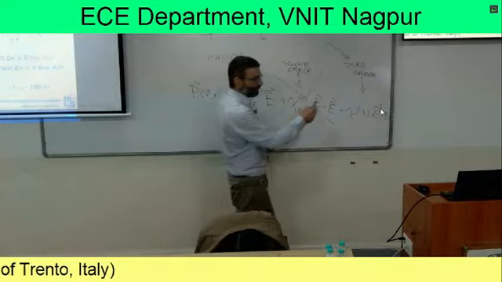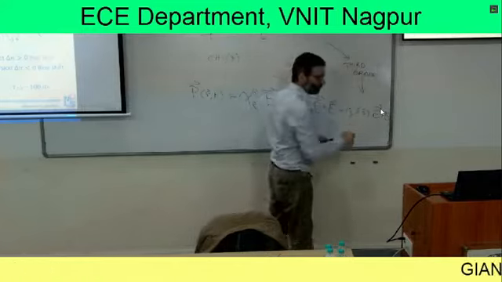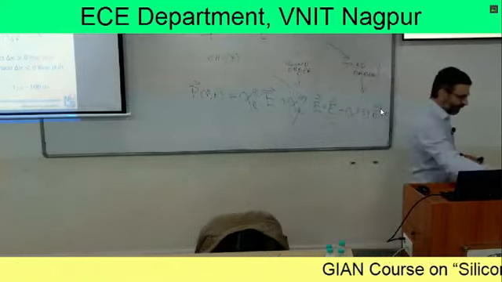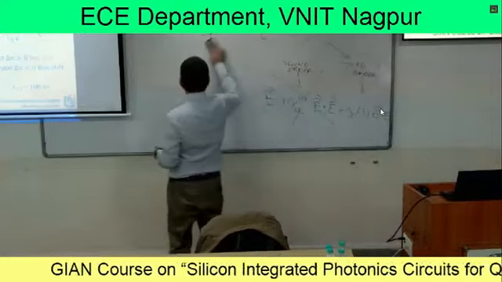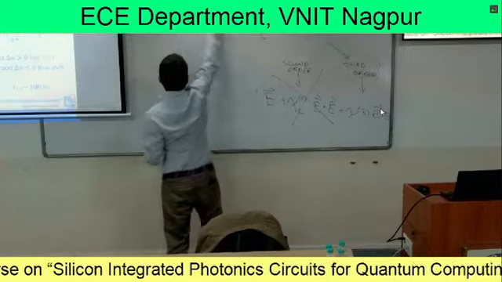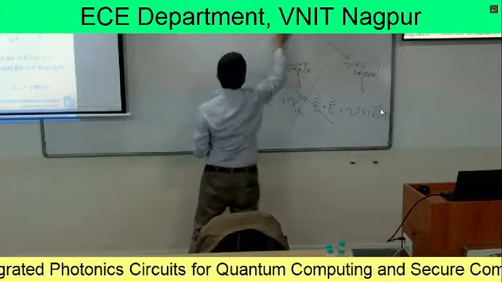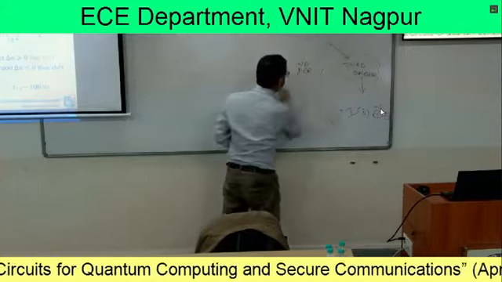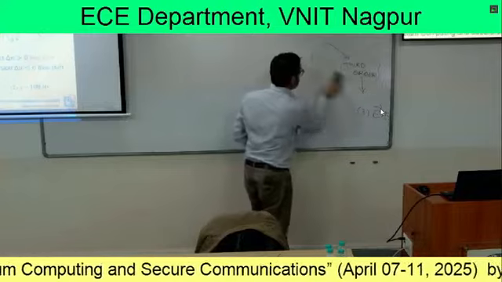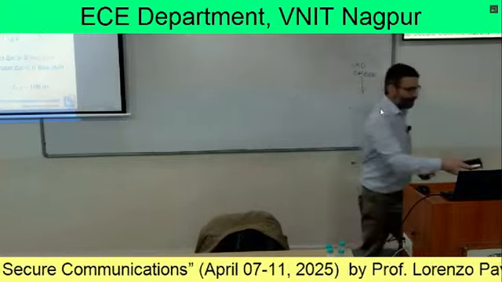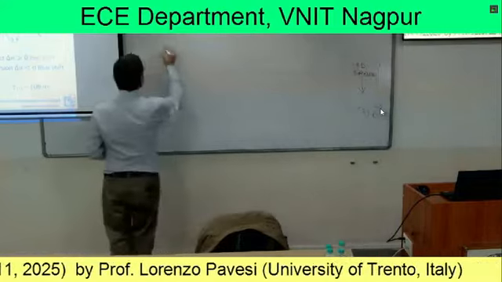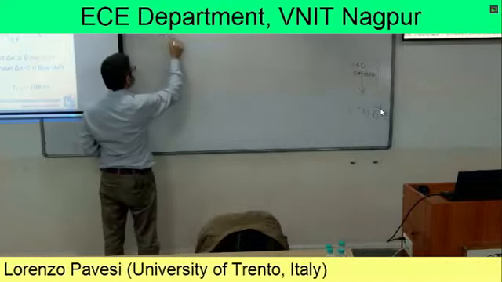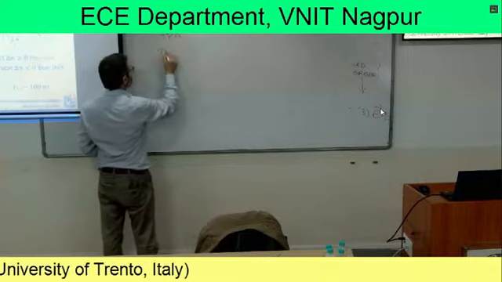Silicon has only third order nonlinearities. And this is something that is very important for the application that we will talk about. There are two main third order nonlinearities that we are using. The first one is called two-photon absorption, TPA.